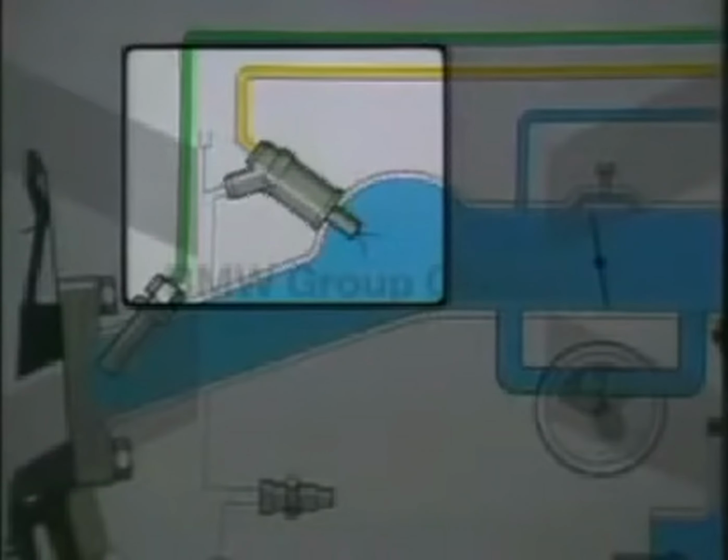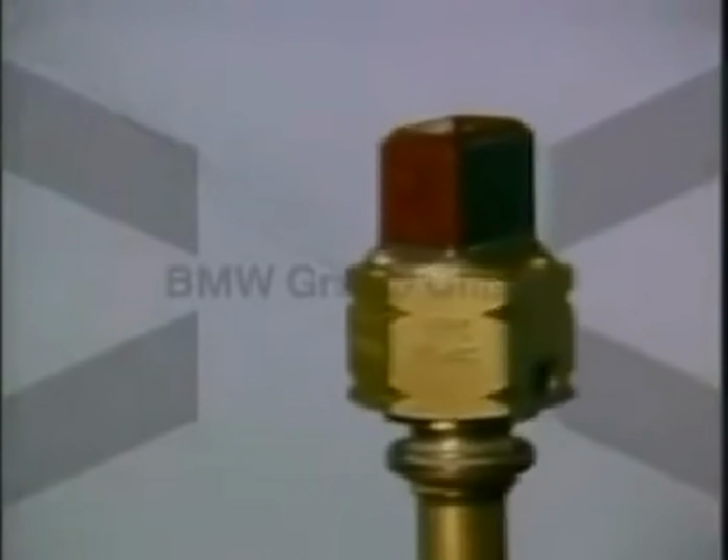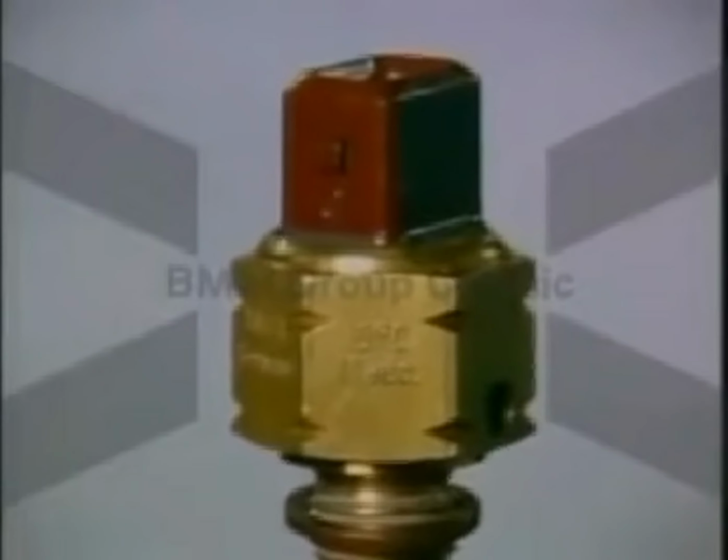When the engine is started, dependent upon actual temperature, additional fuel is sprayed by the cold start valve into the intake manifold. The duration of this additional fuel injection is dependent upon the setting of the thermotime switch and the duration of starter motor engagement.